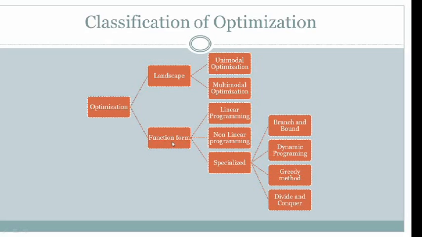And if we classify according to function form, it may be linear programming, that is our traditional LPP problem, non-linear programming, and specialized, which is a kind of combination of both linear and non-linear. Then with respect to the algorithmic approach, which we will discuss later, it may be branch and bound, dynamic programming, greedy method, divide and conquer, as we have seen in our traditional quick sort algorithm, etc.